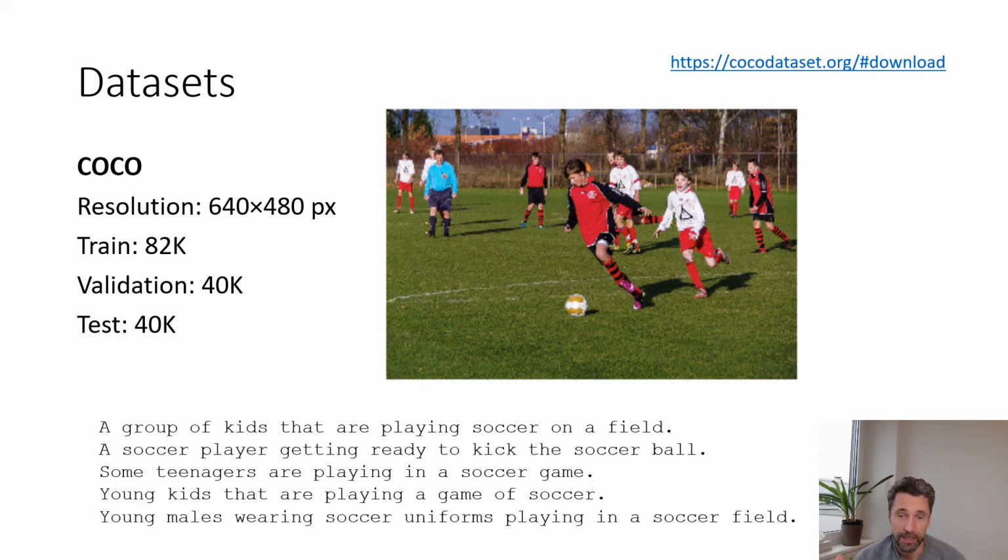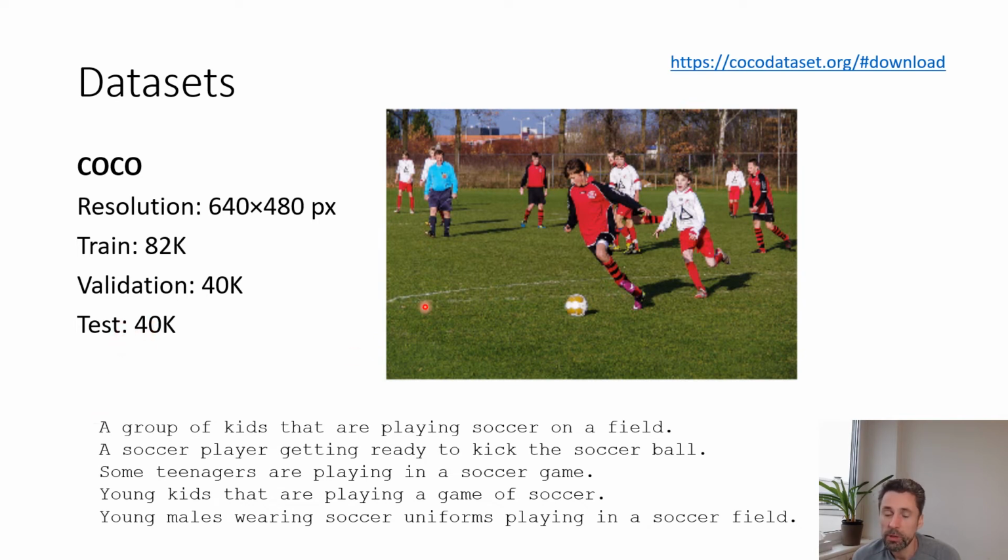Now, what kind of data sets are available to actually train these models? I think there are two really relevant ones that I wanted to mention. One is something that you already know, the so-called COCO data set, that also comes with an image captioning task in 2015, I think. You have some 80,000 images for training, and then 40,000 for validation and 40,000 for testing and development.